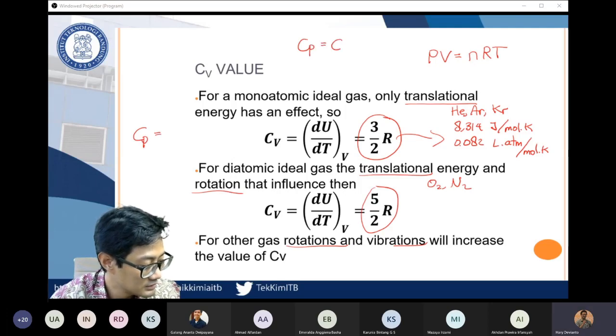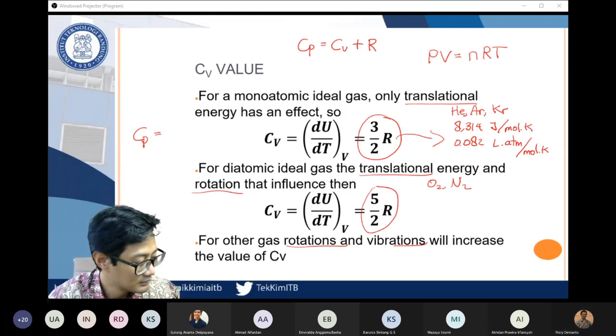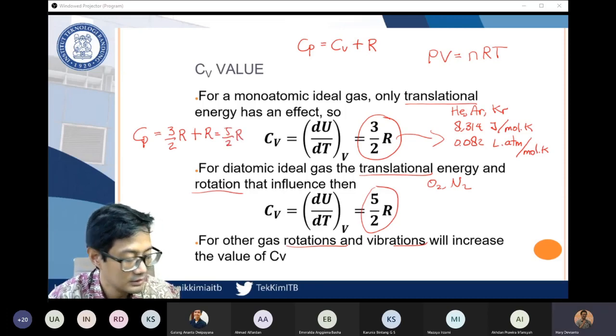Cp is equal to Cv plus R. So for monoatomic gas, what would be the Cp? It means 3/2R plus R, right? And the result would be 5/2R. This one is for monoatomic gas.